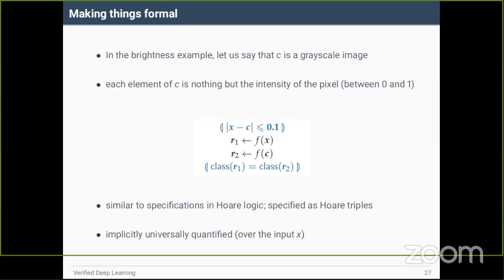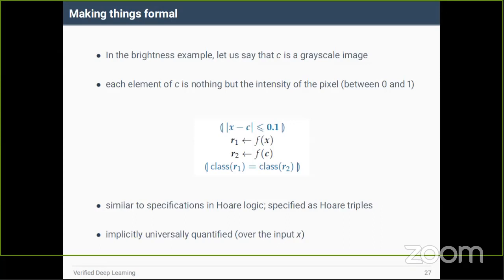Now we want to define what it means to make it a little brighter or a little darker. By that we mean that if you take element-wise comparison, then every pixel of x, our new input here, should differ in the value of its intensity from the corresponding pixel in c by not more than 0.1.